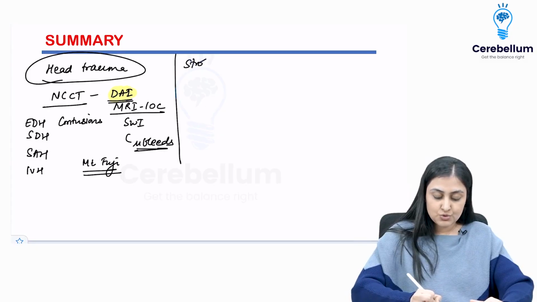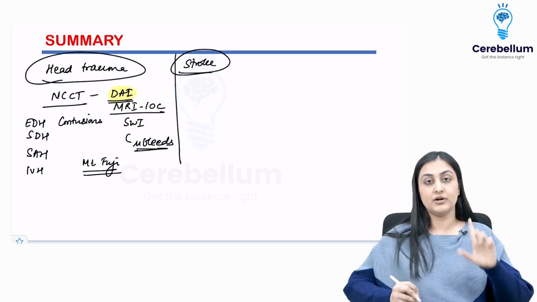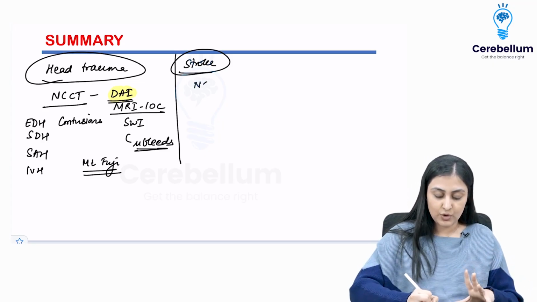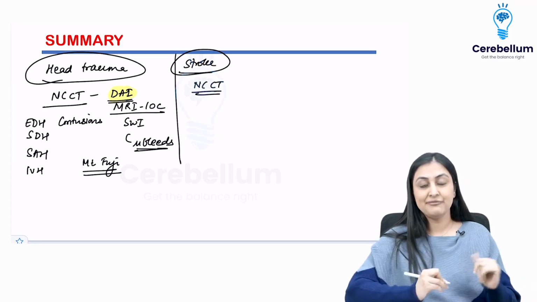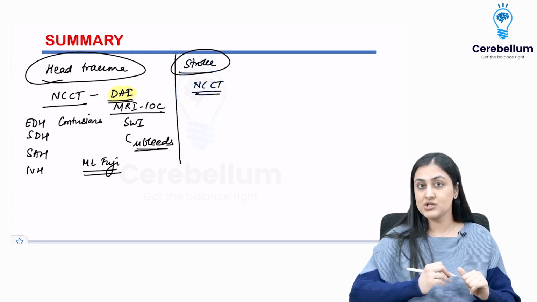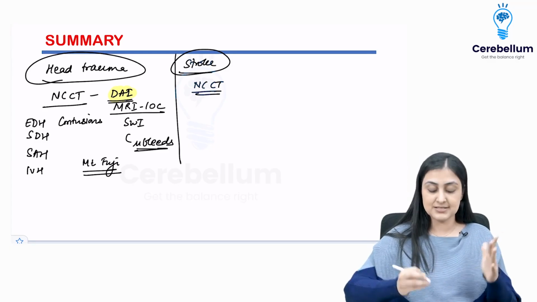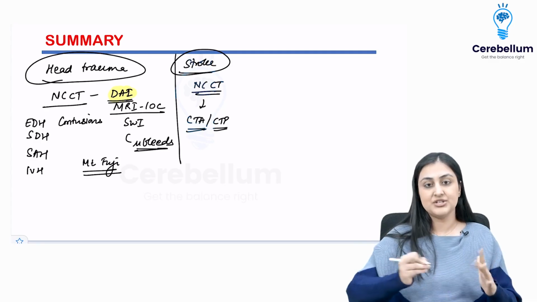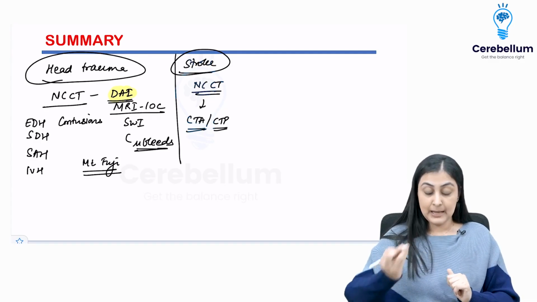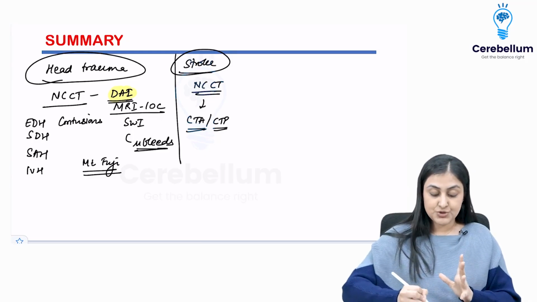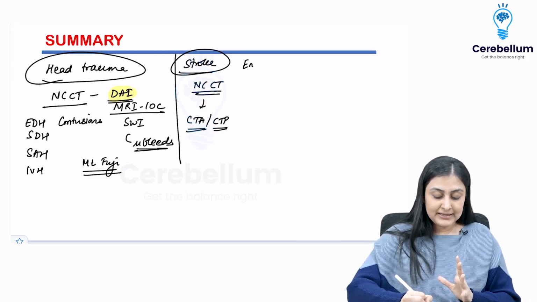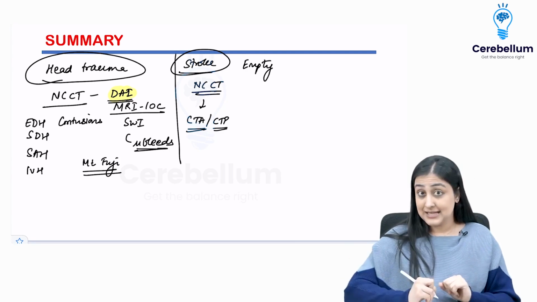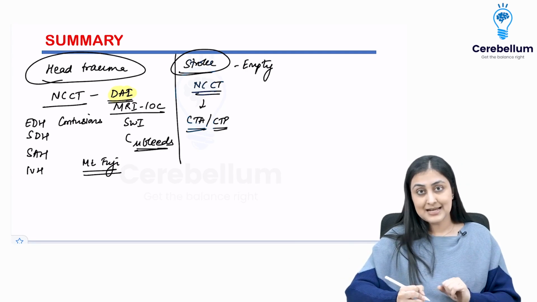Then we talked about stroke and vascular pathology. So remember the approach. First is always NCCT. If hemorrhage is ruled out, if the patient is in the window period, IV thrombolysis. Otherwise, we can go for CT angio and CT perfusion to show us penumbra, and intra-arterial management can be planned. Here we also saw how the empty delta sign looks like, empty sella looks like, empty thecal sac sign looks like.